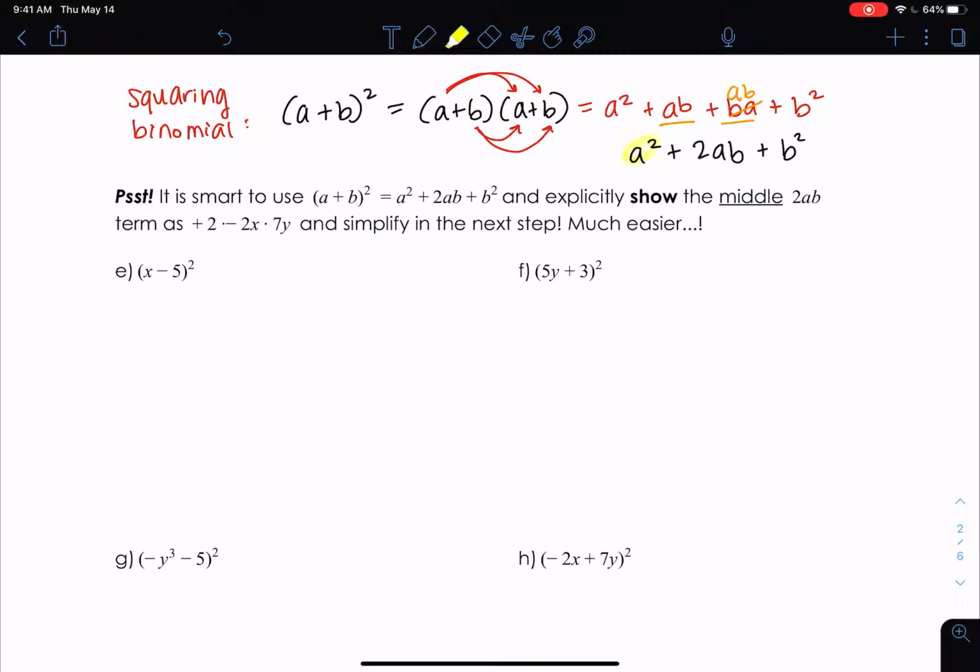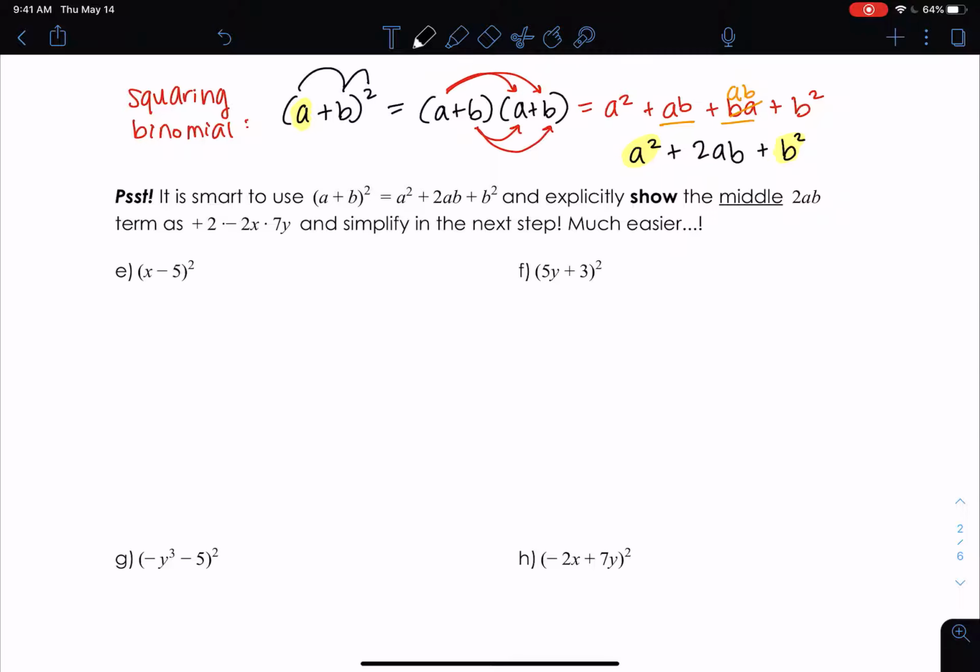For the first term, we're definitely going to have to square the first guy because we're multiplying him by himself. For the last term, we're going to square the second term since we end up multiplying him by himself. Then for the middle term, we're going to take the first term times the second term, and then we're multiplying it by 2 because we know it's going to appear 2 times.